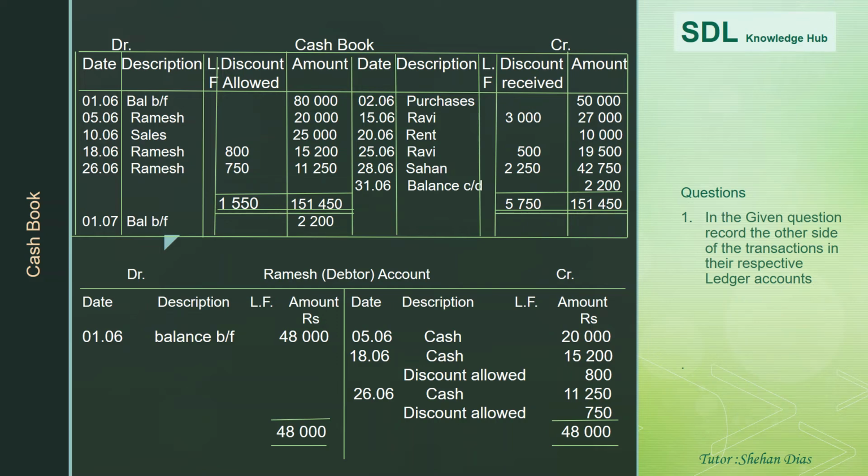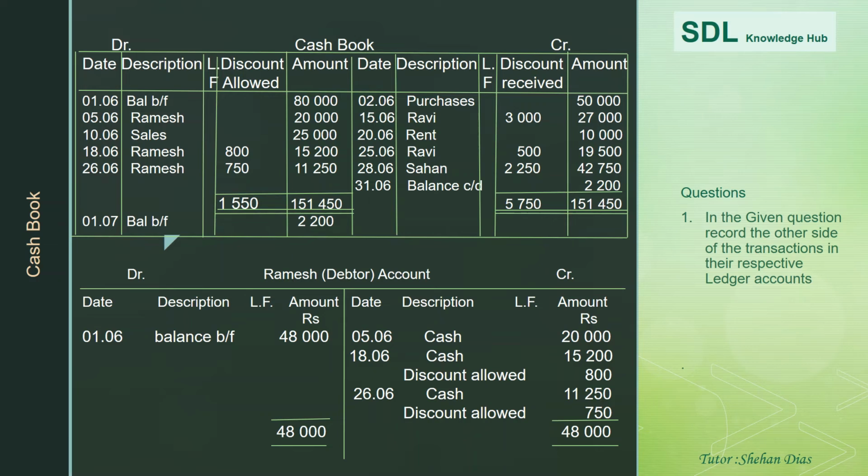Then Ramesh sent a cheque for the balance outstanding after deducting 750 as discount. So we have to know the balance outstanding based on the opening balance and the transactions that happened up to now. There's a balance outstanding of 12,000. From that 750 has been deducted as a discount.